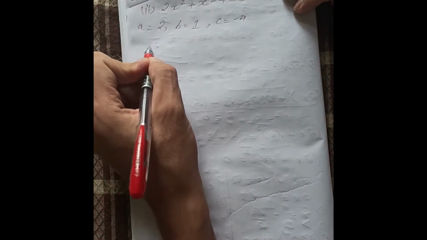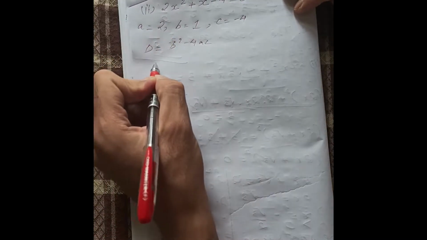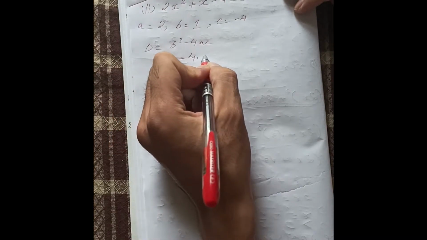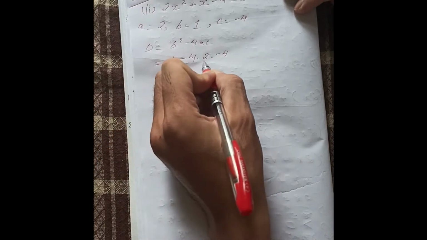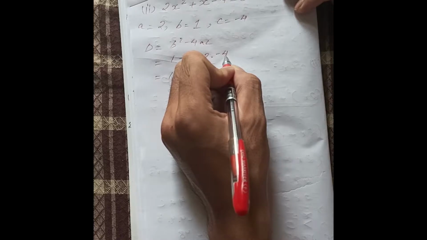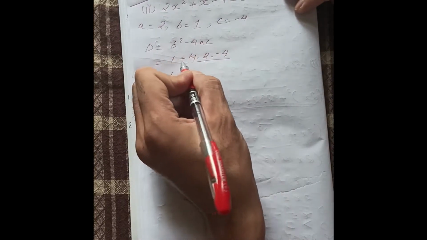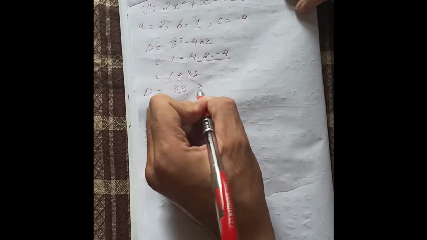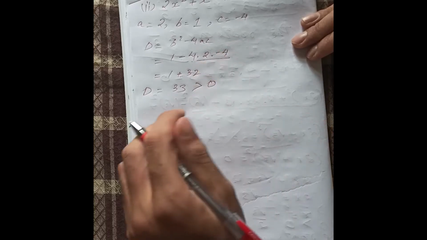Now let's find the discriminant, b squared minus 4ac. 1 squared is 1, and 4 into 2 into minus 4: 4 into 2 is 8, 8 into 4 is 32. Minus into minus is plus, so 32 plus 1 is 33, which is greater than 0. If the discriminant is greater than 0, we will get two distinct roots.